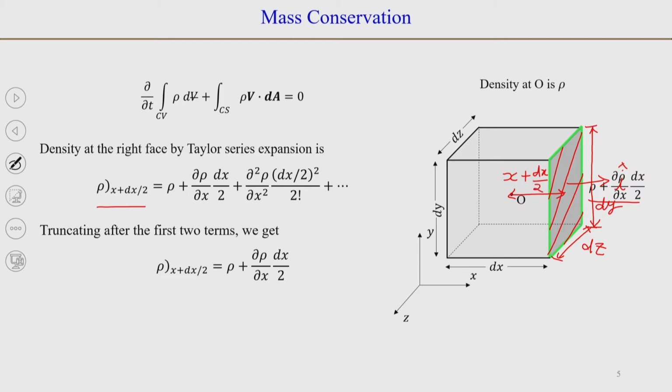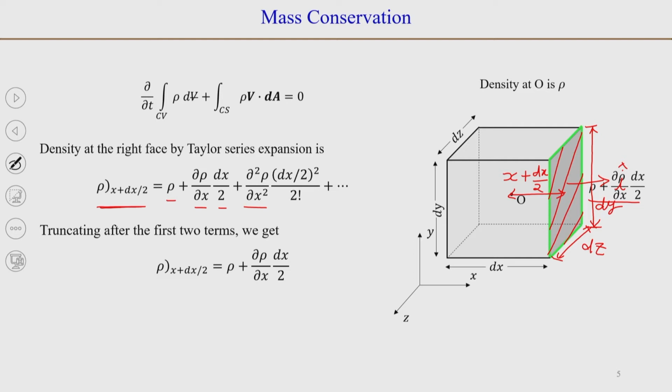So, using Taylor series, we can write an expression for the density at this face, which will be rho at x plus dx by 2 is equal to rho plus del rho over del x into dx by 2 plus second derivative of rho with respect to x multiplied by 1 over factorial 2 into dx by 2 whole squared and so on. So, you will have terms which are higher order.